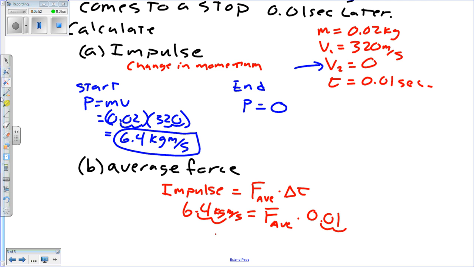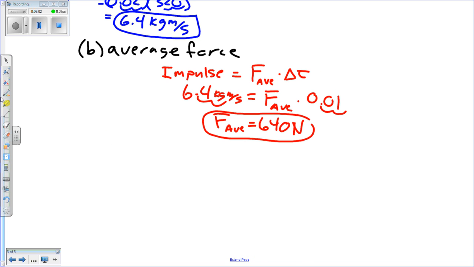The average force is equal to 640 newtons. All right, so far so good. So impulse is the change in momentum. If it had momentum at the beginning and 0 at the end, that total amount of momentum at the beginning is what the impulse is. If you know the impulse, then you can calculate the amount of force or the time, depending on what other information is given to you.